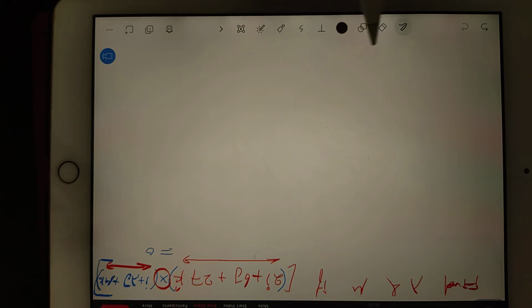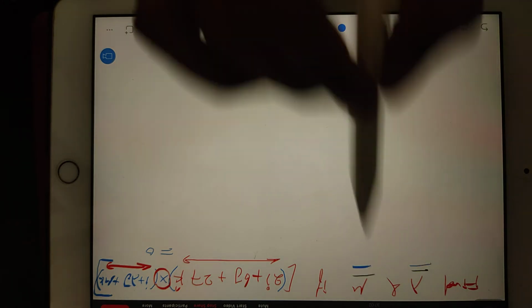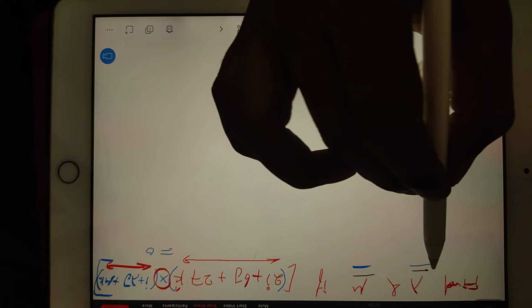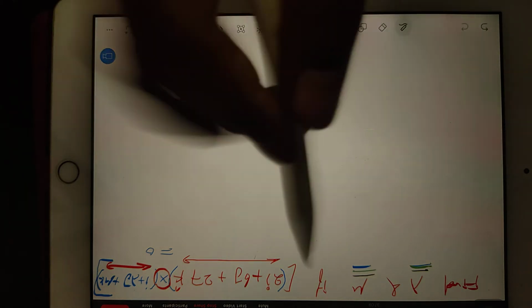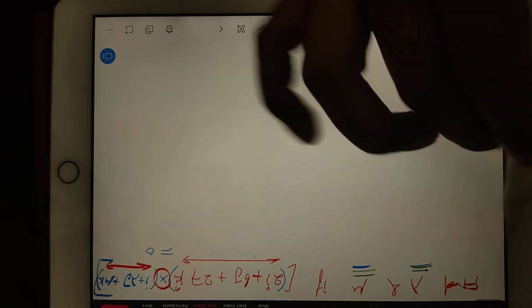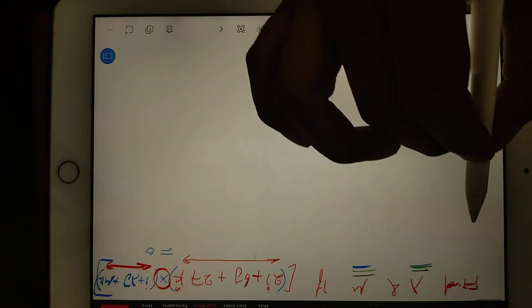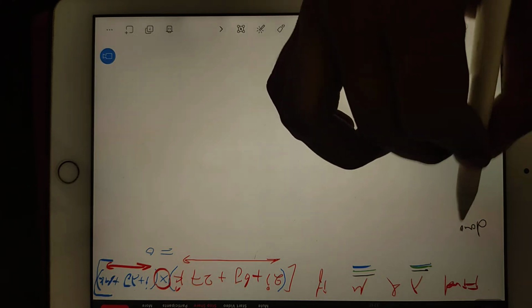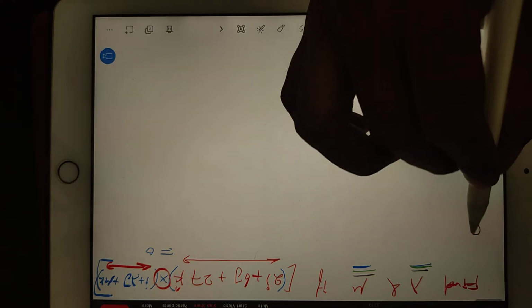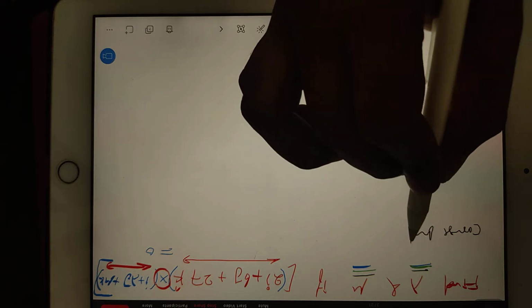So what will I do? Lambda value and mu value. Actually, these kind of questions some students feel difficult, but the best idea is you first go ahead for the cross product. So cross product we always do like this, the cross product method.